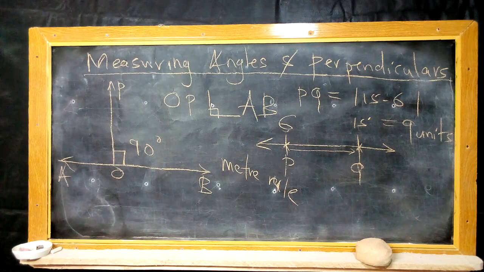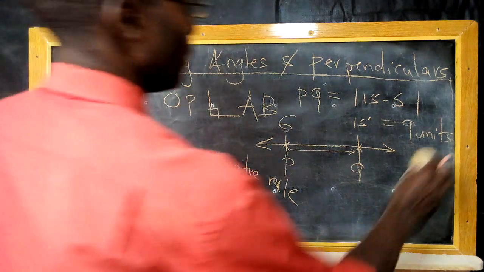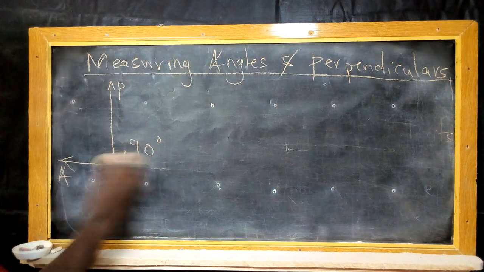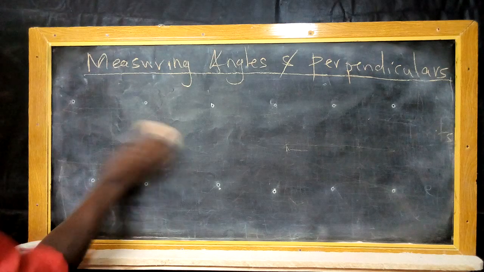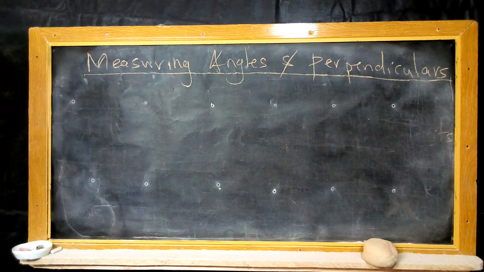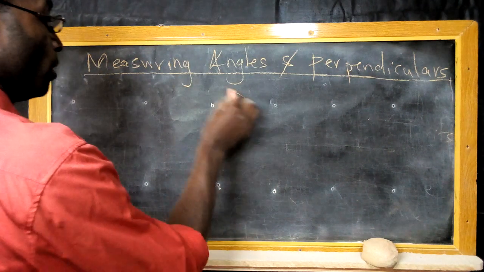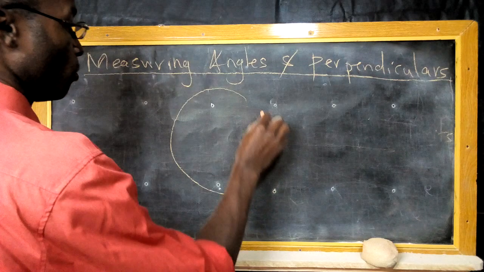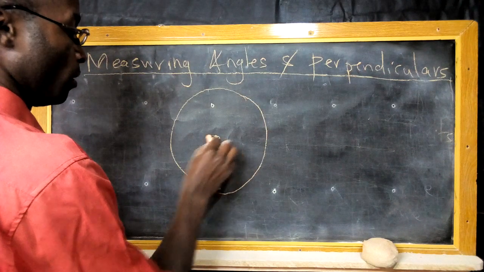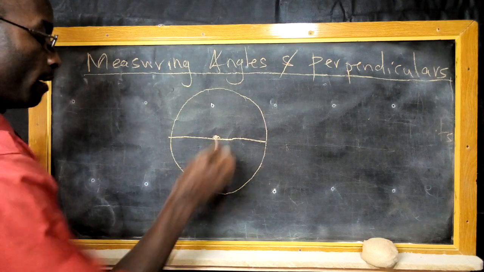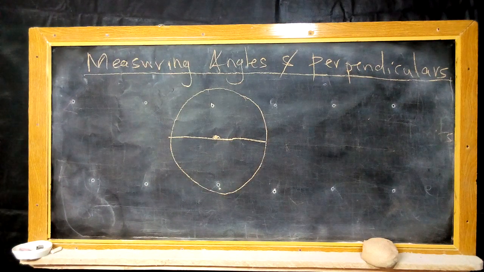So for angles, we use a different kind of procedure to try and measure these angles that I've talked about, like 90 degrees. For angles, we use a different kind of rules. This is the concept of using what we call an instrument known as a protractor, but it uses the concept of a circle whereby the unit of measurement for angles is defined in degrees.